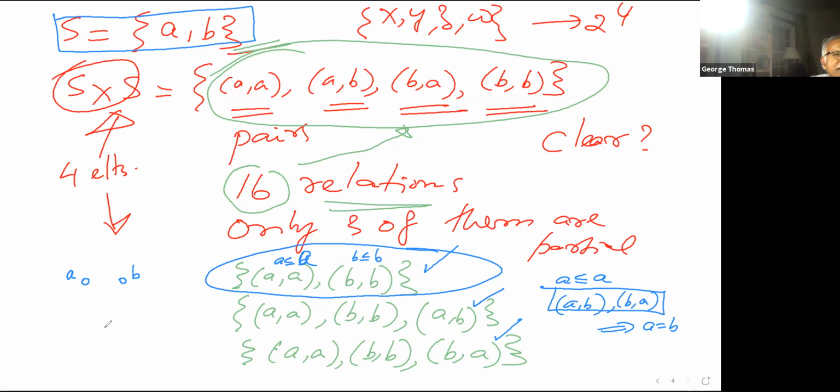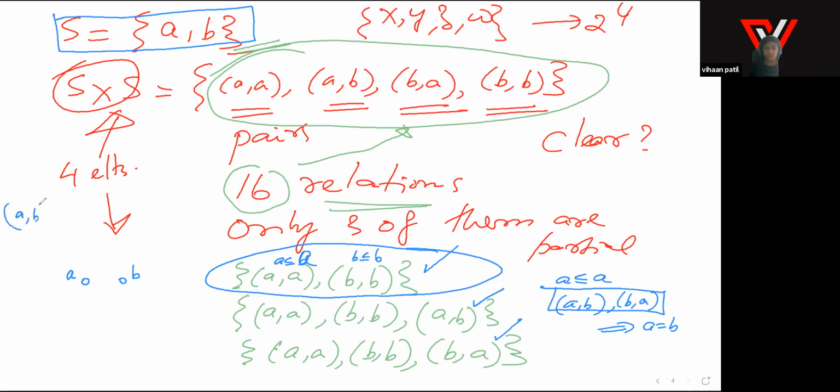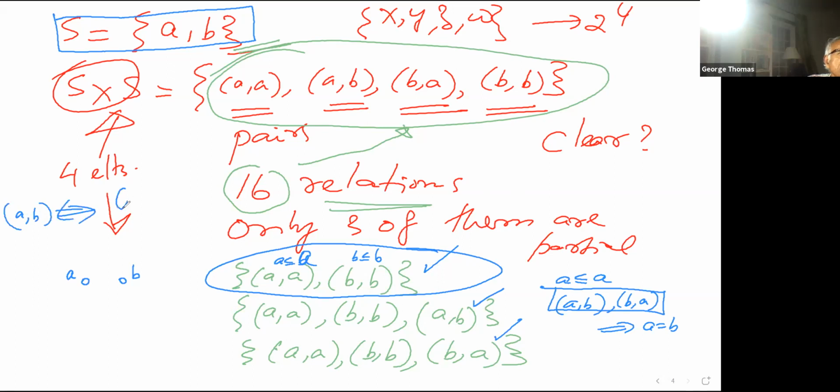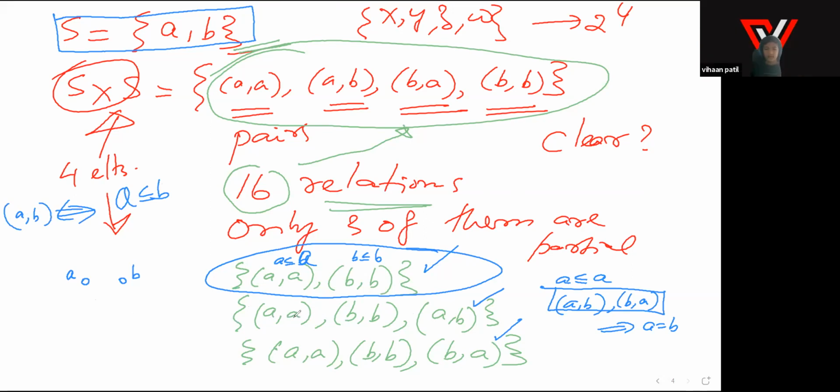Anybody can draw here? A comma B means A less than or equal to B. Can you draw the Hasse diagram of this relation? This is a partial order on this set.